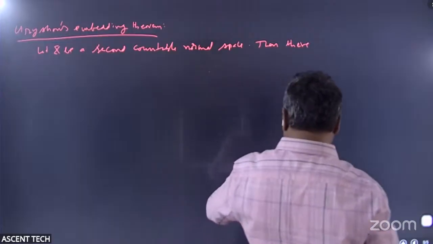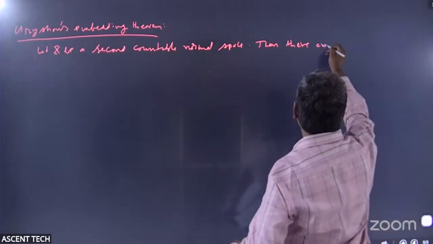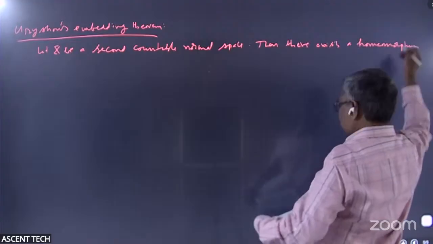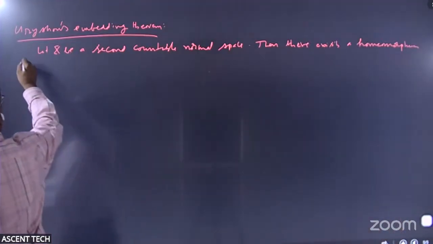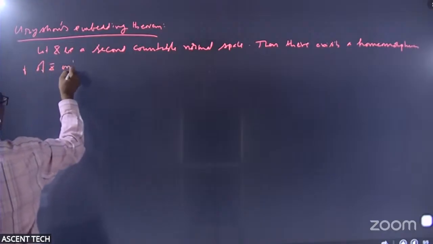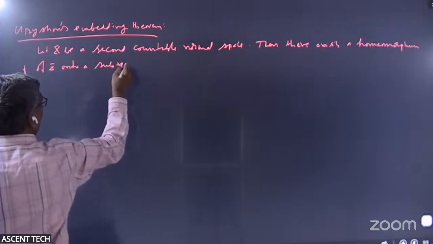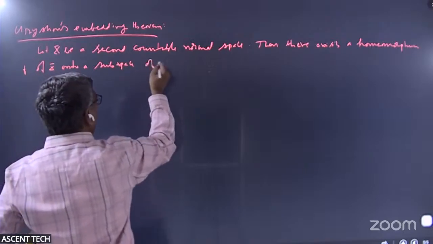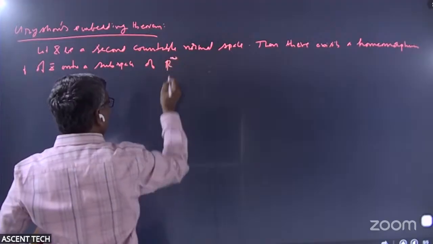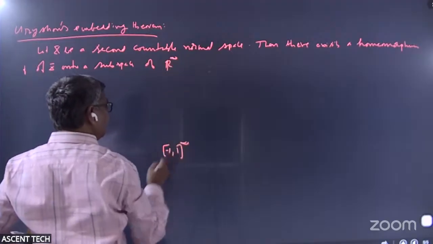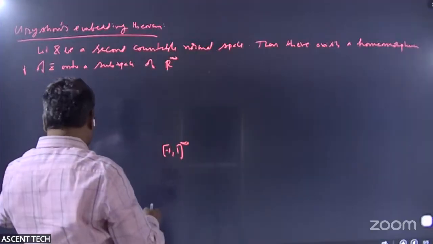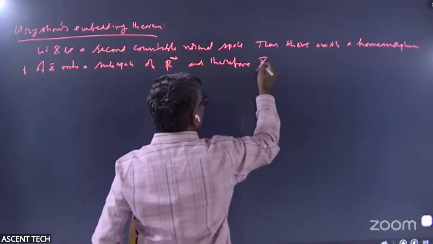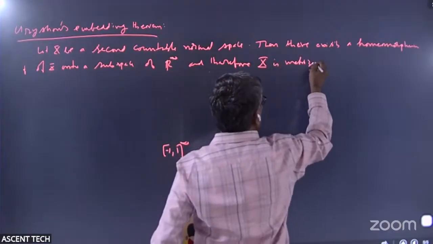There exists a homeomorphism F of X onto a subspace of R infinity, and therefore X is metrizable.